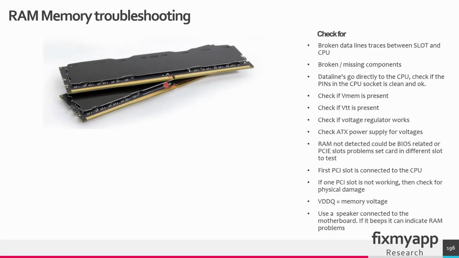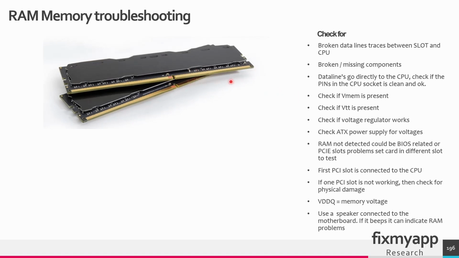When you have RAM problems, first you check the data lines between the DIMM slot and the CPU to check that the data lines aren't broken. Also check for broken and missing components near the DIMM slot, and also on the memory module. The data lines from the RAM module will go directly into the CPU. So check if the CPU socket is clean and okay, and also check if the DIMM slots are clean.